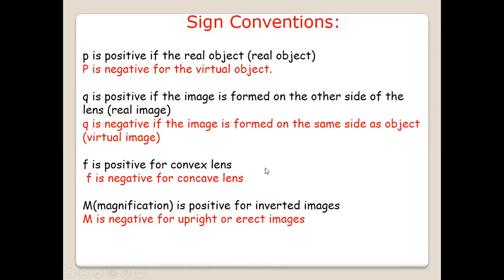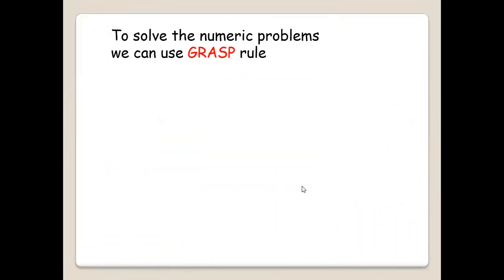Similarly, f is positive for the convex lens, that is the converging lens, and f is negative for the concave lens, that is your diverging lens. Similarly, m is taken positive for the inverted images, and for the upright and erect images it is taken with the negative sign.